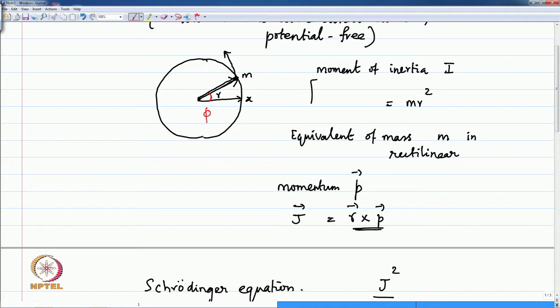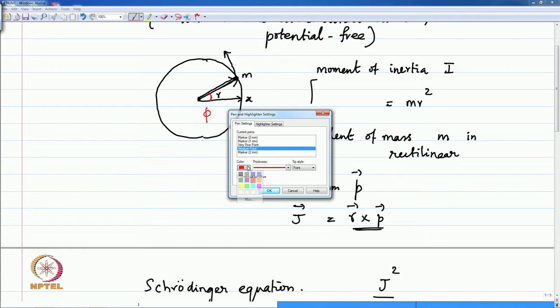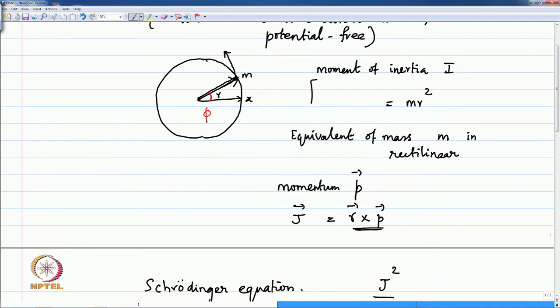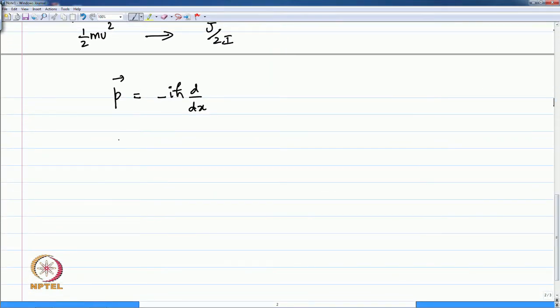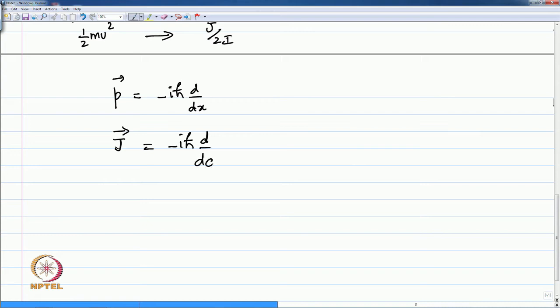Therefore, with respect to the angle phi, if we have to write correspondingly the angular momentum operator j, we have to write that the angular momentum operator is given by I h bar d by d phi.